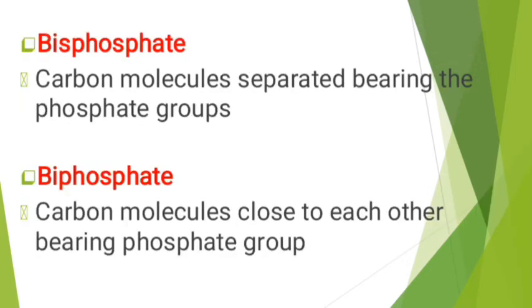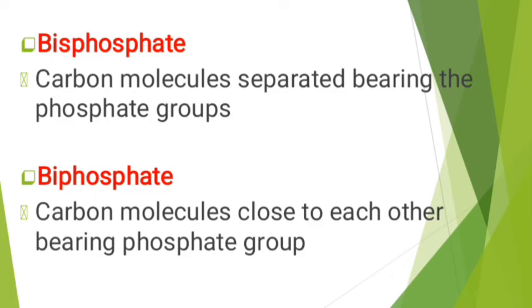Note this, your examiner can ask you a question, especially in medical school and as undergraduate. Bisphosphate and biphosphate, what's the difference? Once we have carbon molecules separated from each other bearing phosphate groups, it's known as bisphosphate. Carbon molecules close to each other bearing phosphate groups is known as biphosphate.